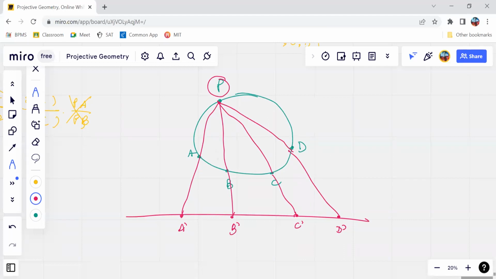It's still equal to the value of CA by CB divided by DA by DB. And it's actually the exact same. You can just repeat law of sines. We can just do it with AD.